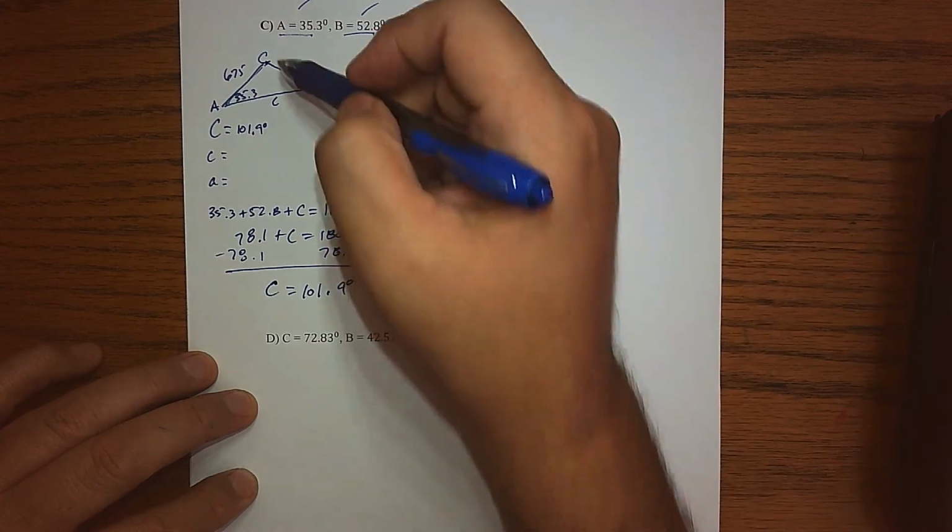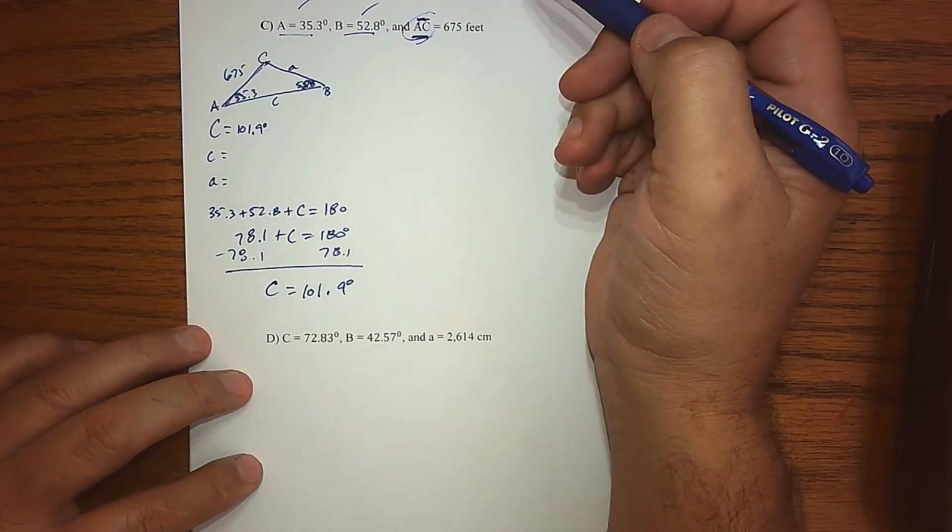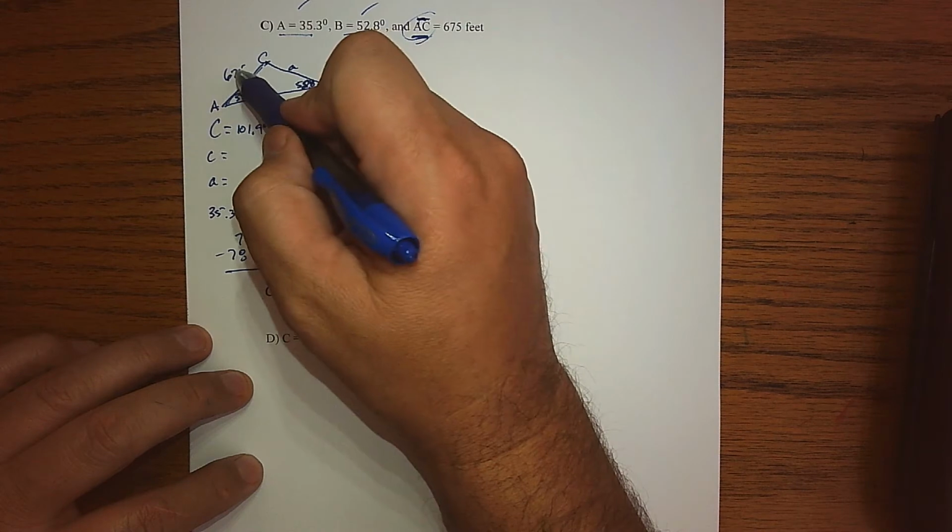So how do I find side C and side A? Our law of sines. Again, I like to use the given information.